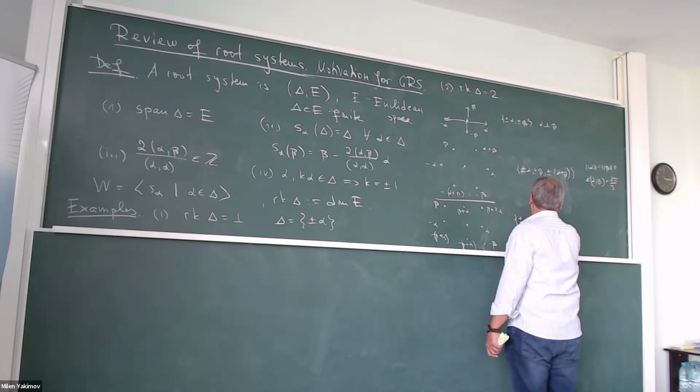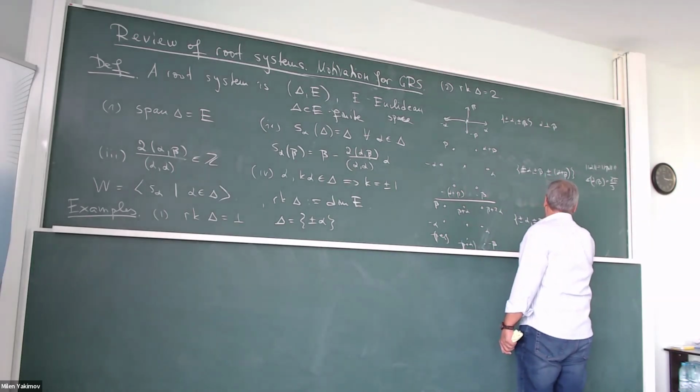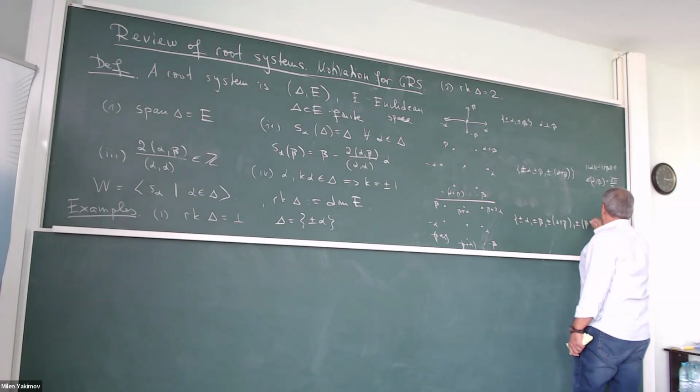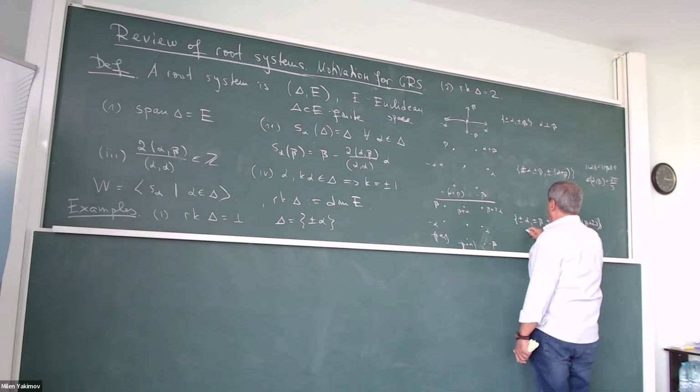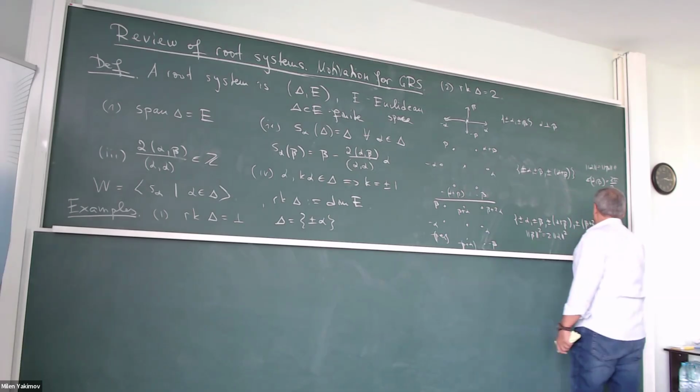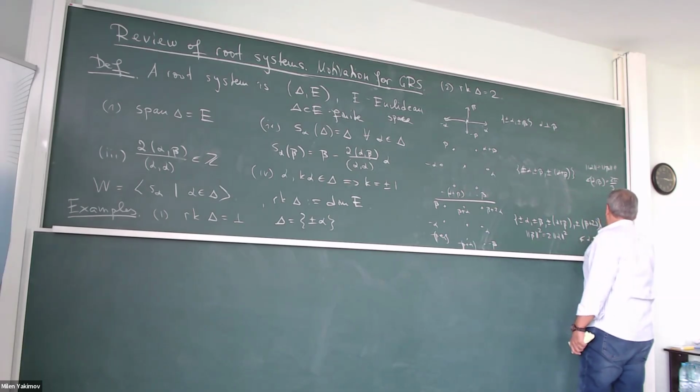So plus minus alpha, plus minus beta, plus minus alpha plus beta, plus minus beta plus 2 alpha, where the length of beta squared is twice the length of alpha squared, and the angle between alpha and beta is 3 pi over 4.